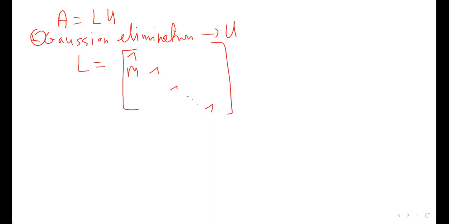Where you have M, K1, and so on, N1, all the way. That will then give you your L. And with that, you can do a backward and forward substitution.